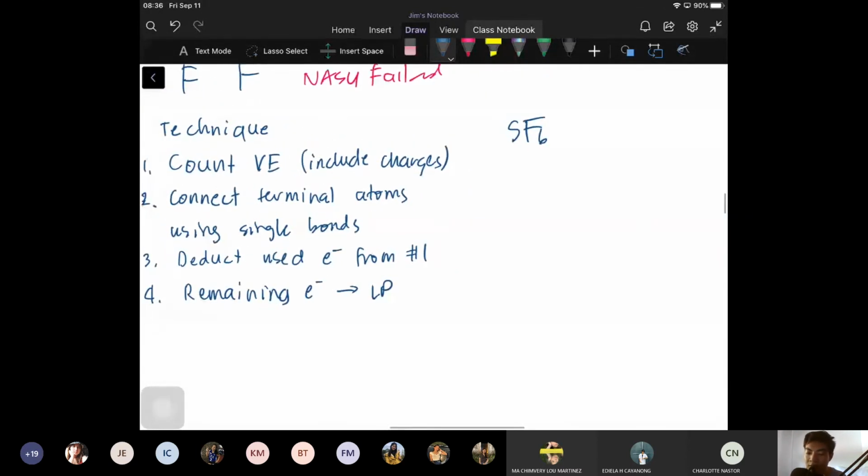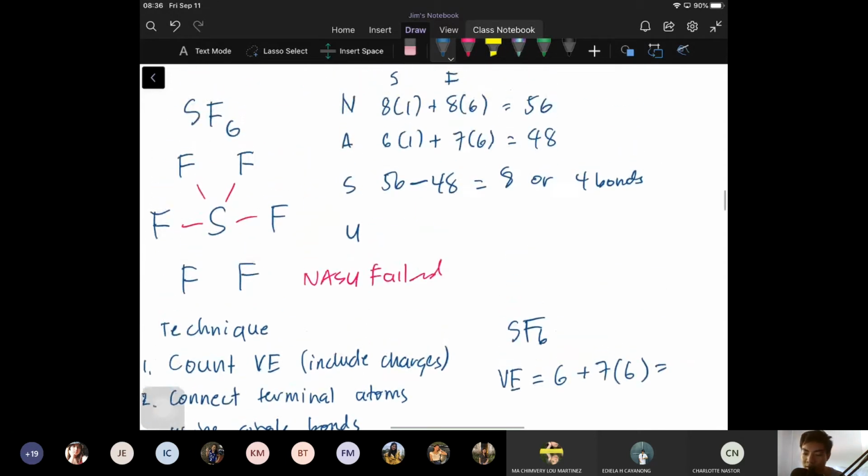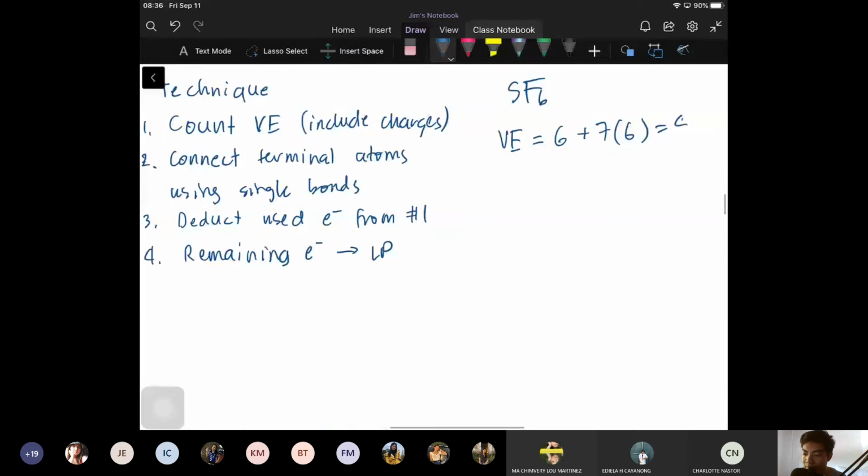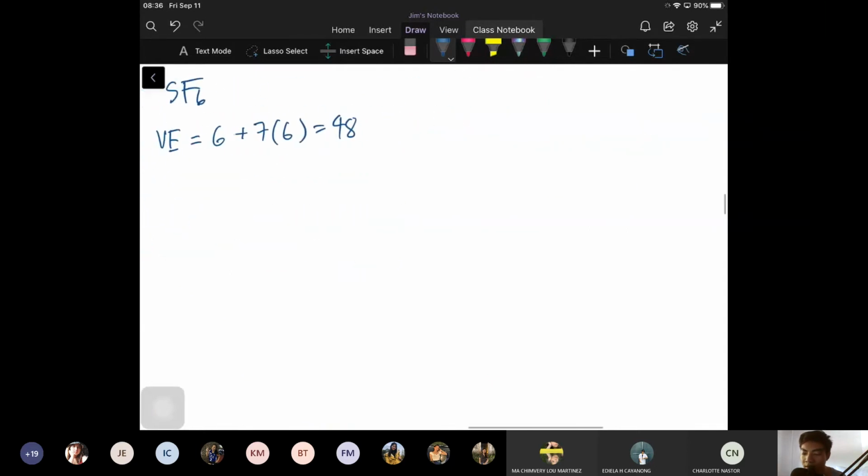Sabi dyan, we count the valence electron. So, bilangin natin. The valence electron for sulfur is 6 plus for fluorine, that's 7 times 6. Again, ilan yon? 48 na. Okay, so yun yung first technique, no? You count the valence electrons, 48. Then, anong gagawin? I-connect natin yung terminal sa central atom.